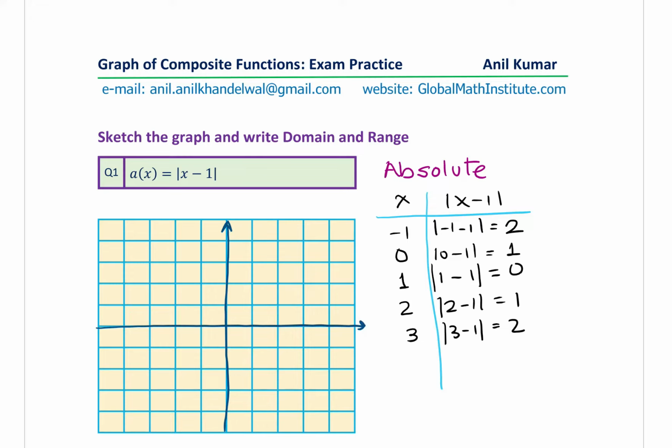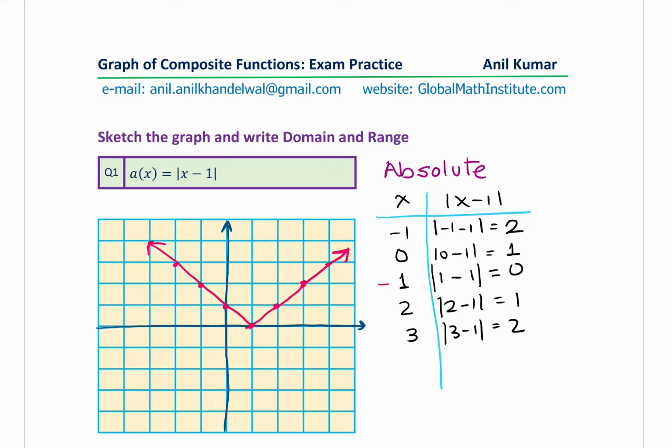Now clearly the points begin with the one here. At 1 we get a value of 0. So that is the 1. And then the absolute function goes like a straight line, as you can see, on either side, right? But the values are positive. So this is what we get as the graph of this particular function. So this is one way of doing it.